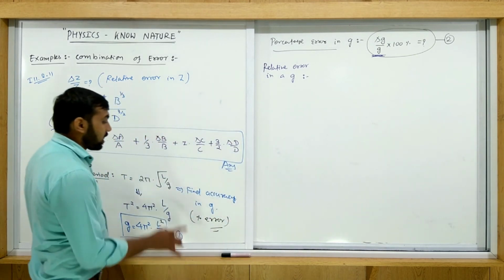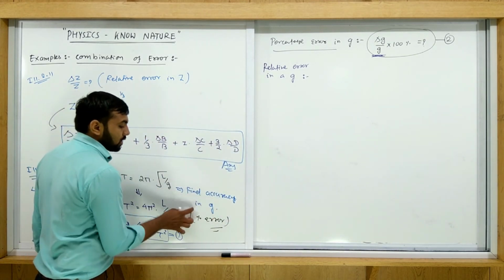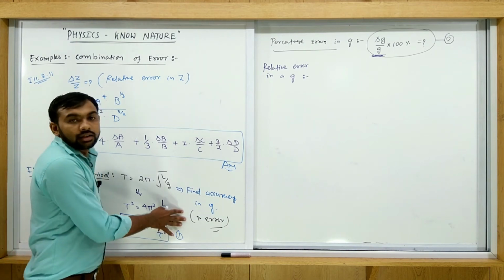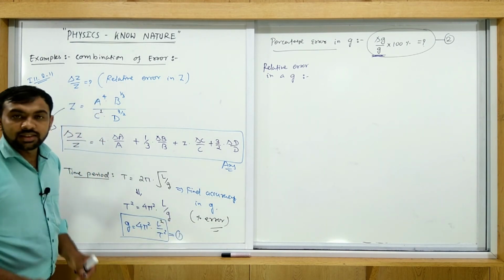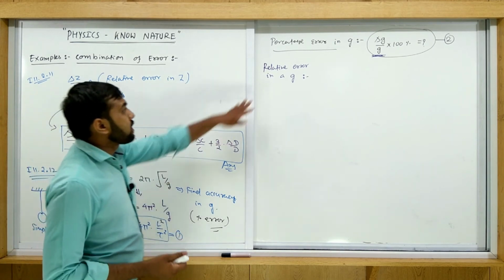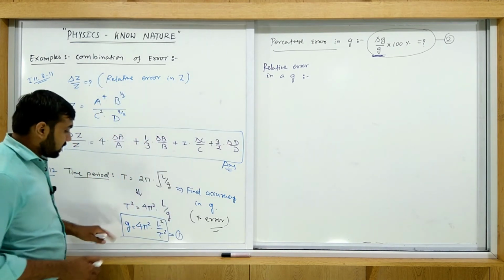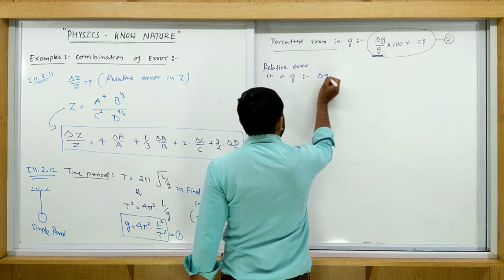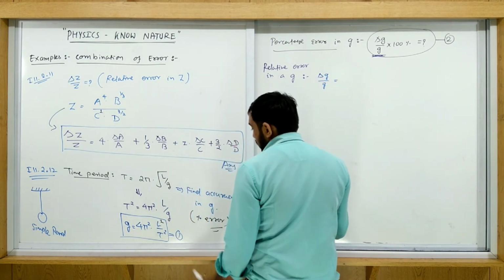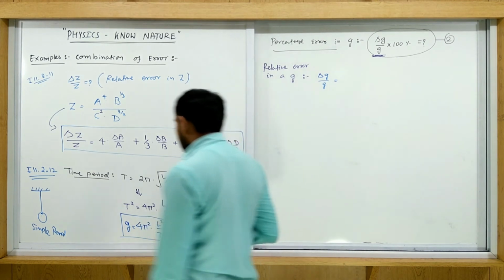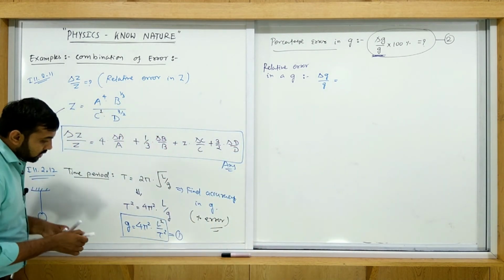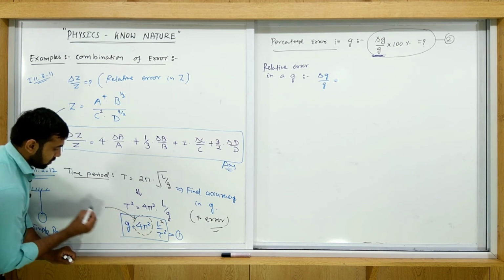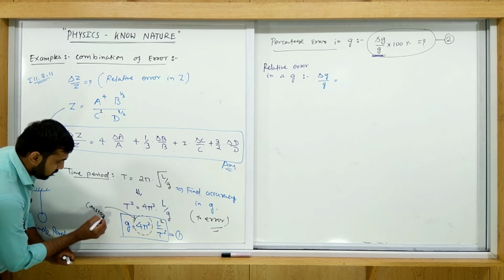Why? Because this case is: find the accuracy in g. That means up to what percentage there is some error, so we have to find the percentage error. How do we get this relative error? Write down delta g upon g equals 4 pi square, which is a constant.